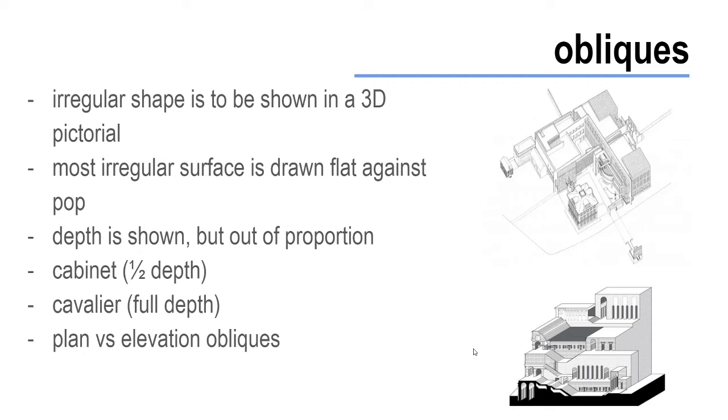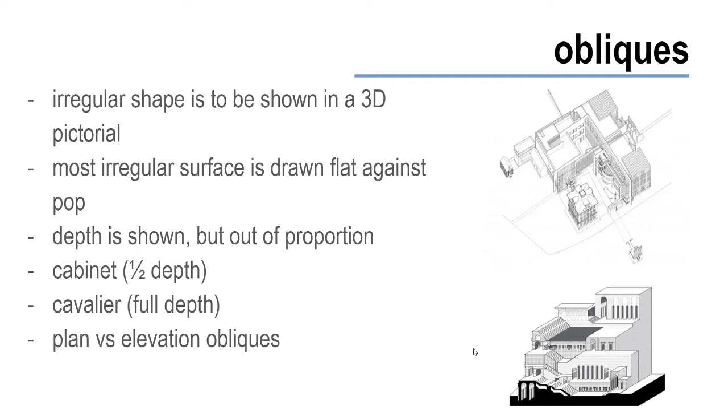Along with the fact that we have our plan and our elevation obliques, and we'll also practice that a little bit today, there are two different definitions of how you can define that depth. You can do what's called a cabinet oblique, which is where you go back half of the amount of depth. So if your building was 20 feet in depth, you would draw it as 10 feet to help account for that distortion a little bit.